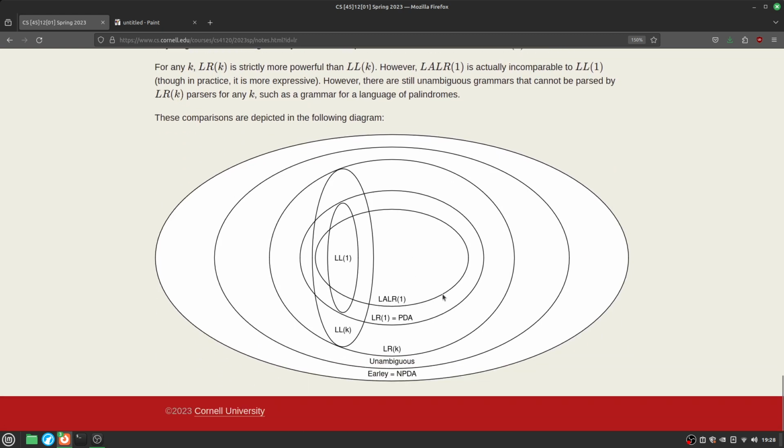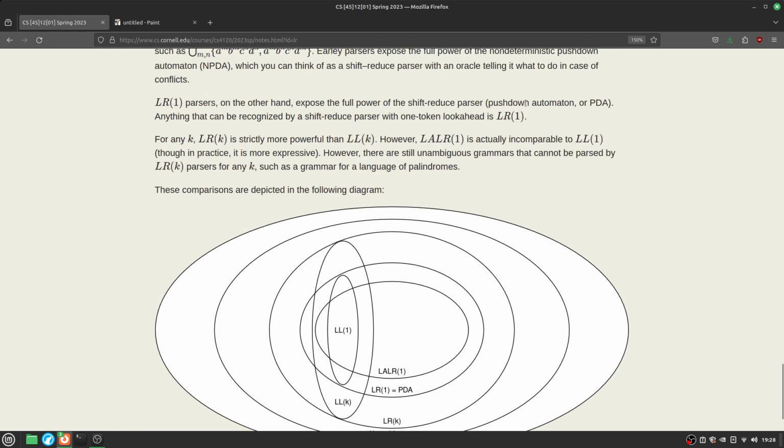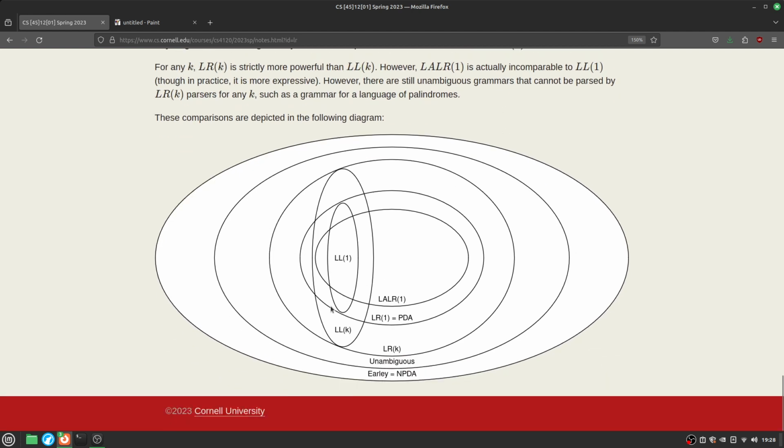So LALR can't be directly compared with LL1 nor LLK. LR1, the pushdown automaton, is more powerful than LALR1.